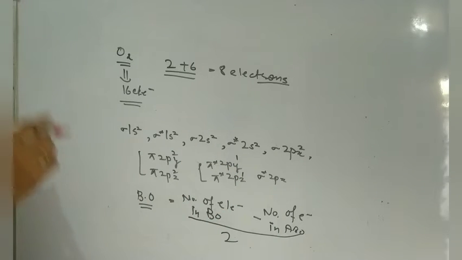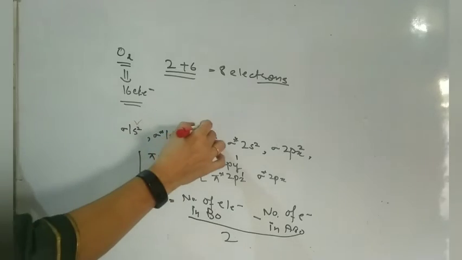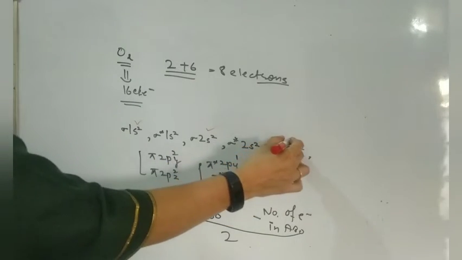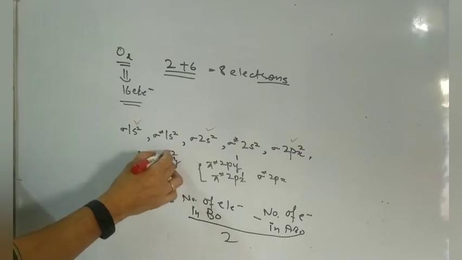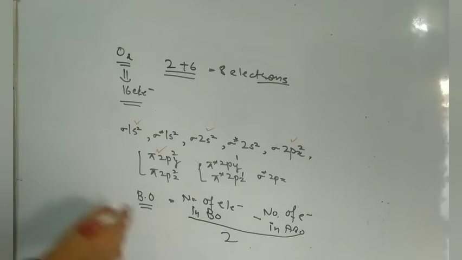So here the bonding orbitals have 2, 4, 6, 8 and 10. So we have 10 electrons in bonding orbitals.